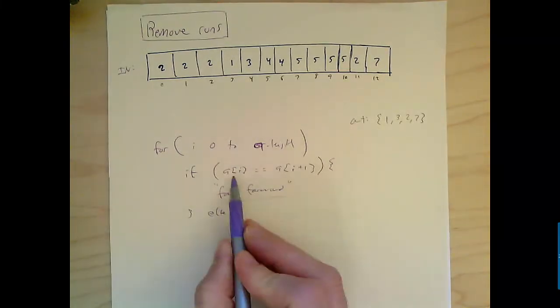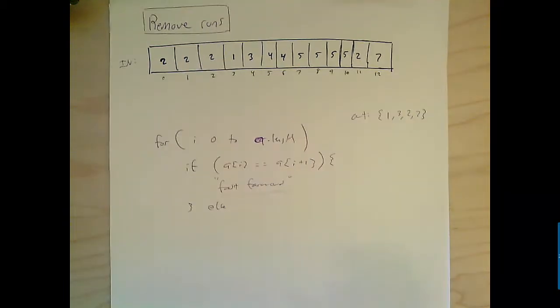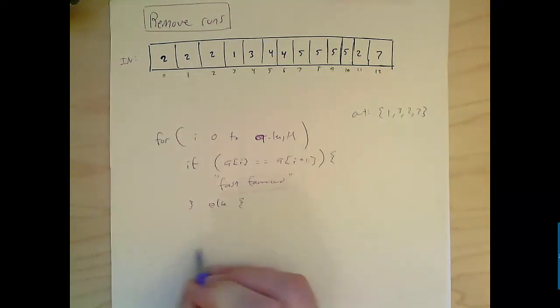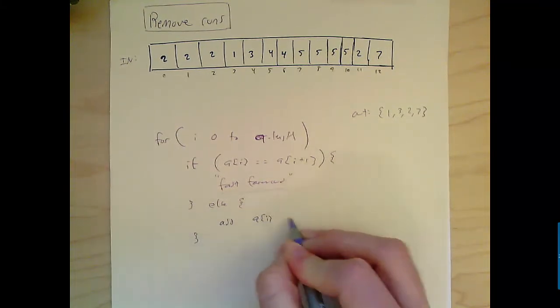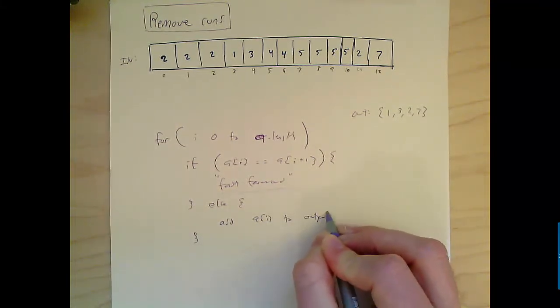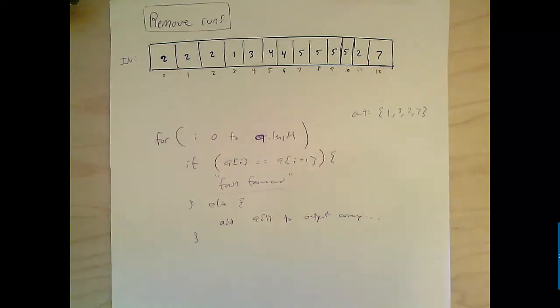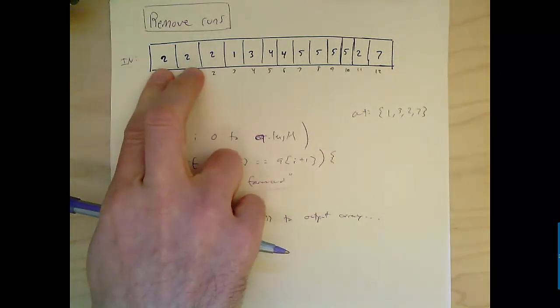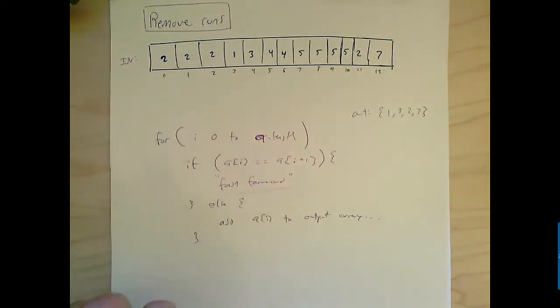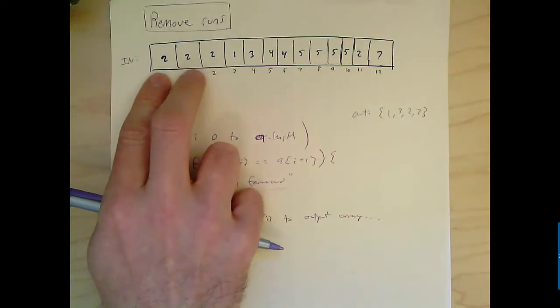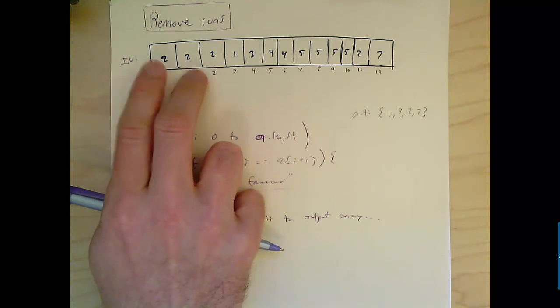Okay, if 2 adjacent elements aren't the same, then they must be different. So I'd want to add A[i] to the output array. Something like that. Because I know that if these 2 elements are different, then this one must not be part of a run. Could I also add the second one to the output if these 2 are different?